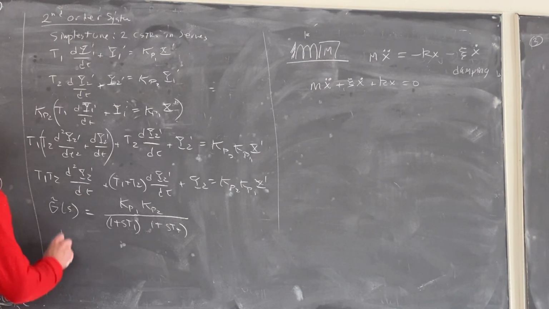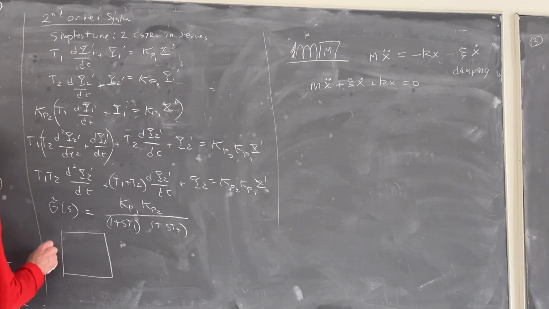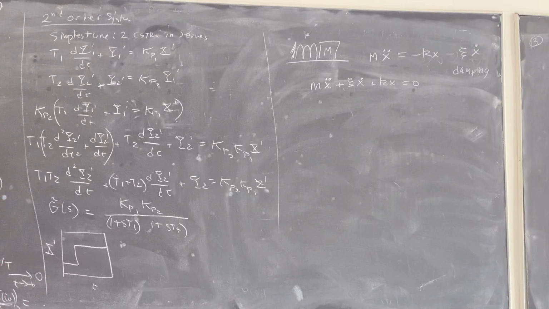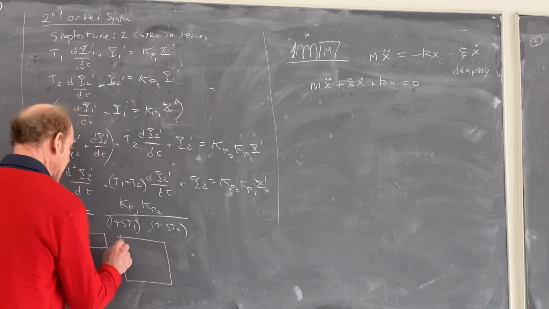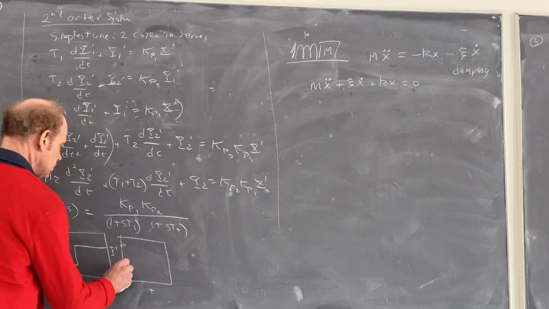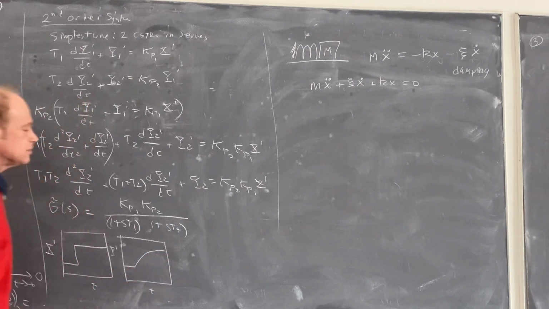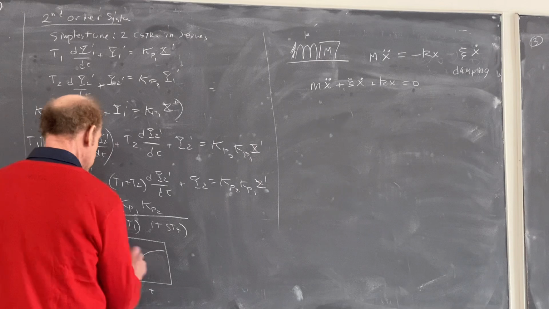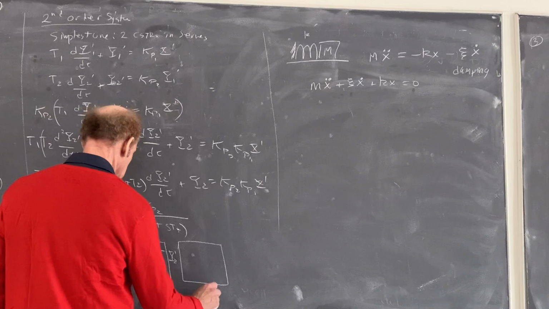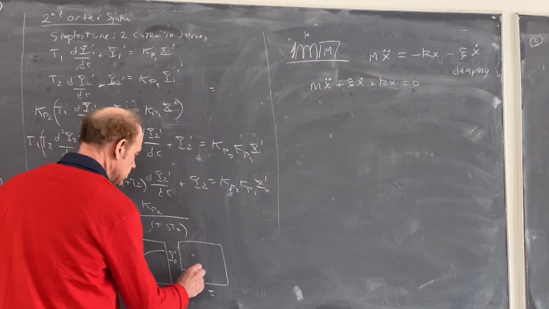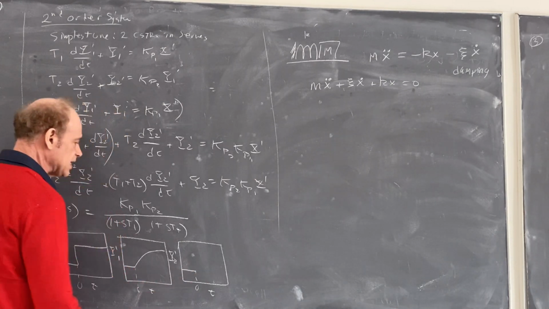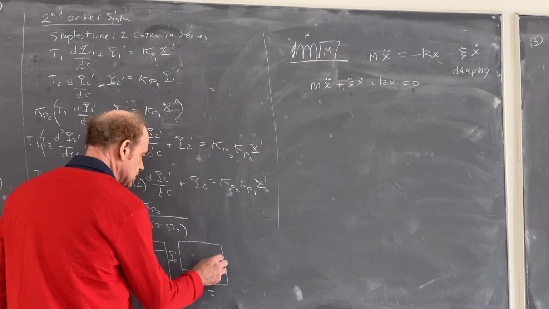If you remember, we plotted some things earlier in the semester. If we looked at x prime of t, if this was a step function, and then we looked at y1 prime, the output of the CSTR versus t, we saw that that thing looked like this. And if we looked at y2 prime of t, then that thing changed more continuously.